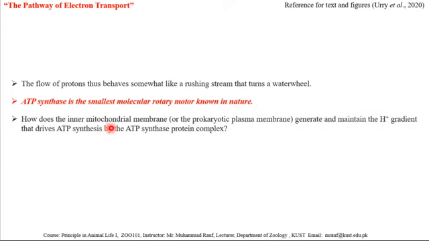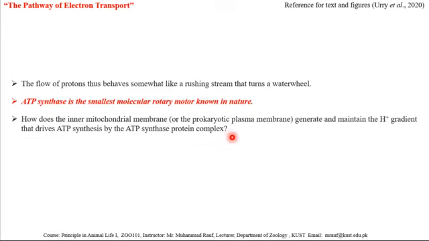How does the inner mitochondrial membrane, or the prokaryote plasma membrane, remember that the electron transport chain in prokaryotes occurs in the plasma membrane, generate and maintain the hydrogen ion gradient that drives ATP synthesis by the ATP synthase protein complex?